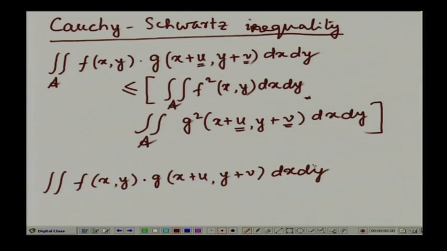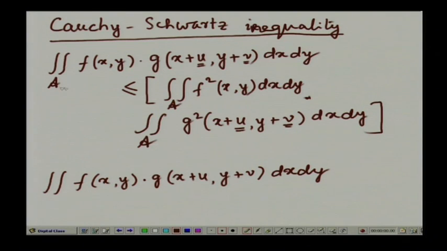And because f(x,y) is 0 outside the region A, the definite integral over A can now be replaced by an integral from minus infinity to infinity.